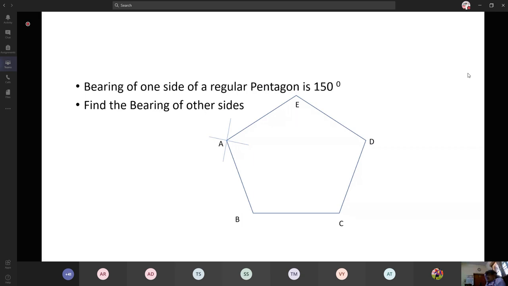What is the bearing of CD? 6 degrees. So some relationship is there, no?